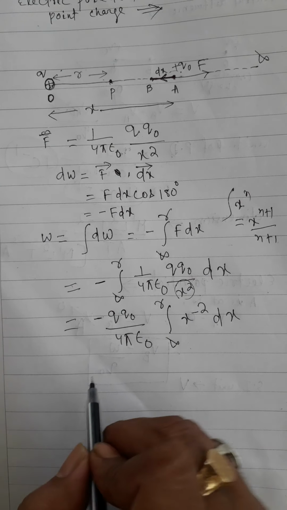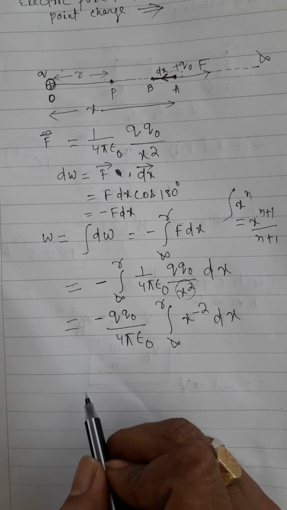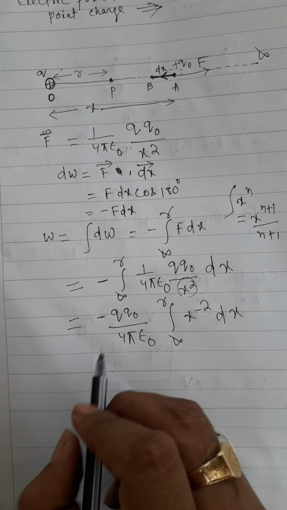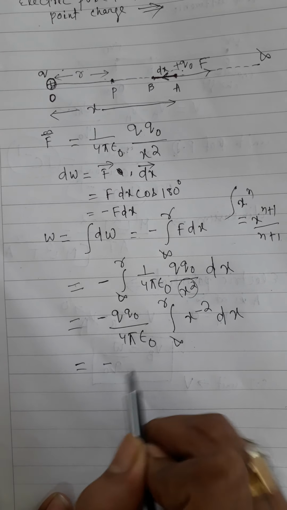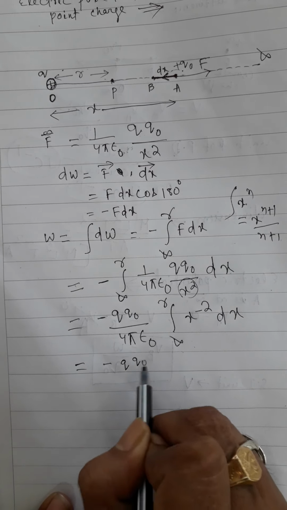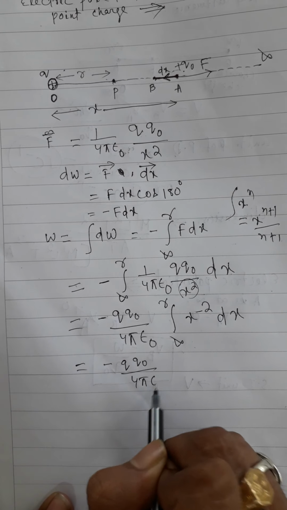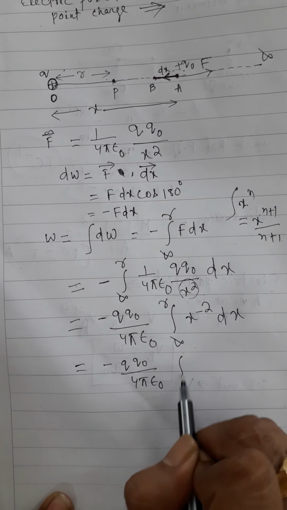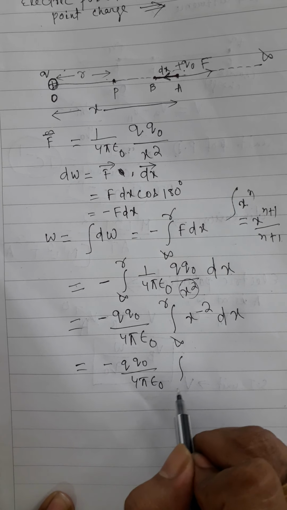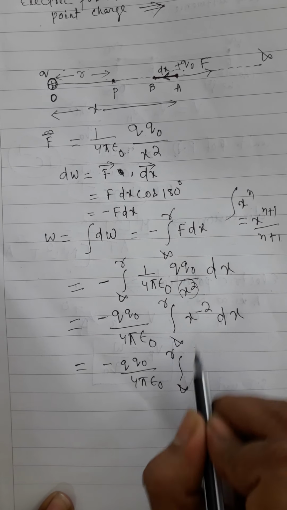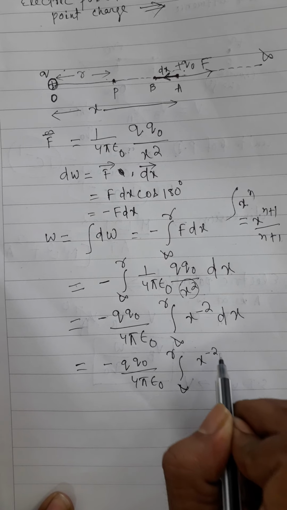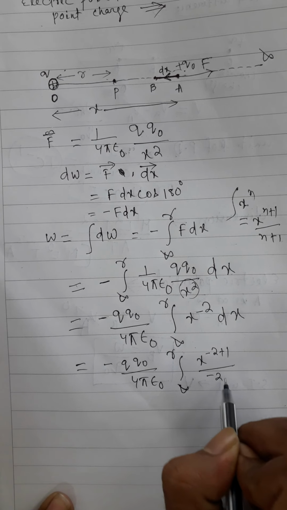So it will be minus Q Q0 divided by 4 pi epsilon naught, the integral from infinity to r of x to the power minus 2 plus 1 divided by minus 2 plus 1.